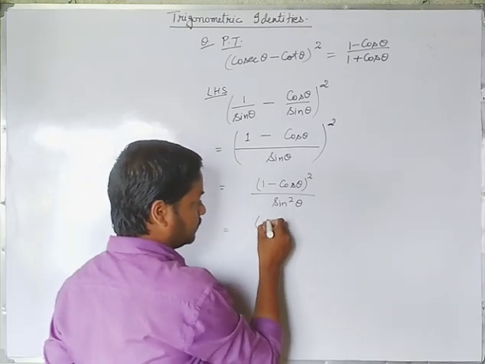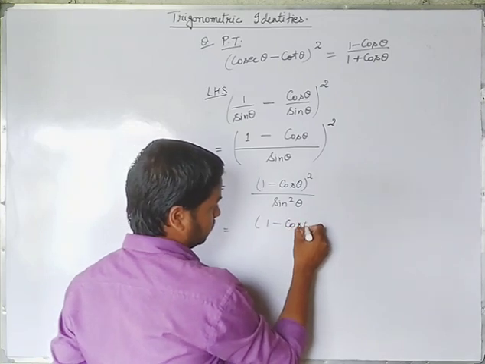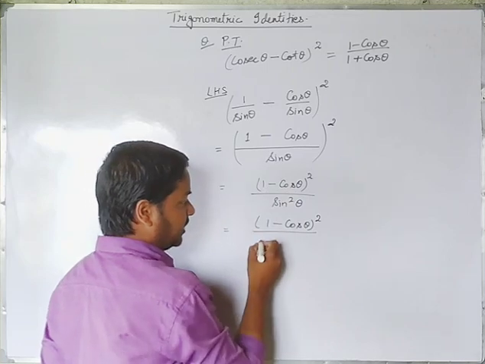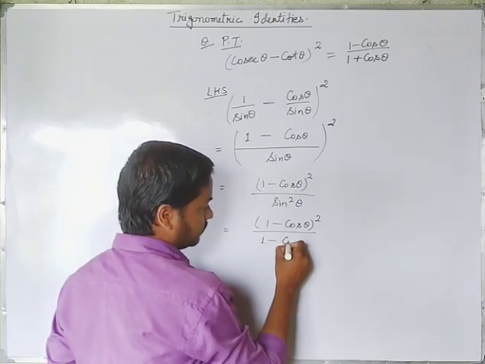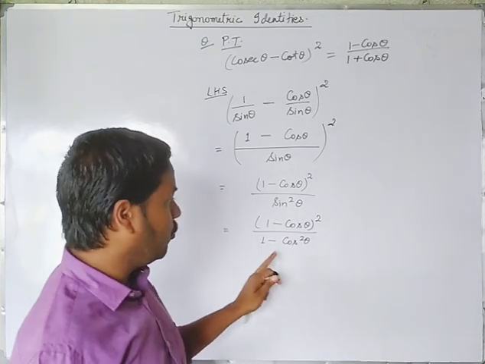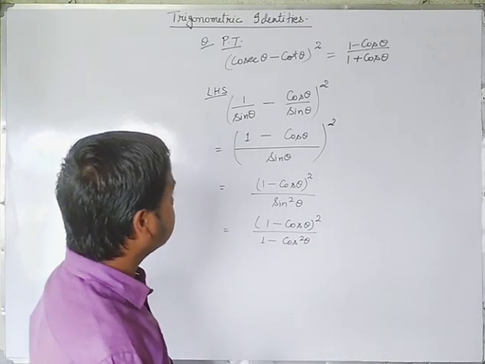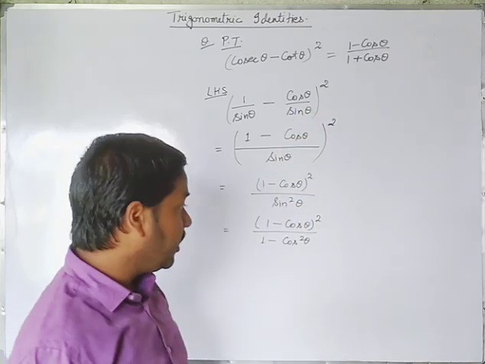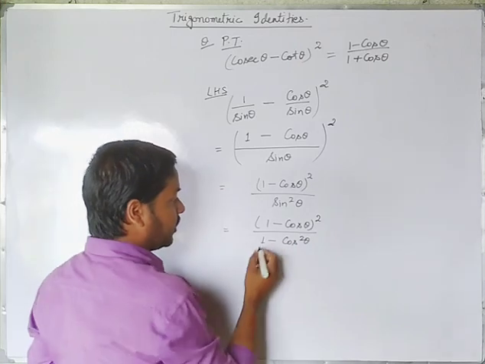So I will write here 1 minus cos theta whole square as the numerator, and sin square theta can be written as 1 minus cos square theta. Now in the denominator we need 1 plus cos theta. How will we get it? It is in the form of a square.